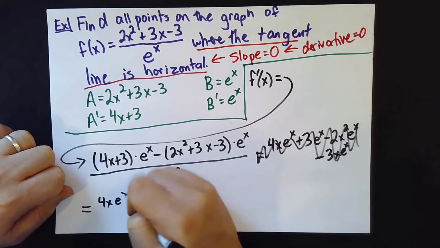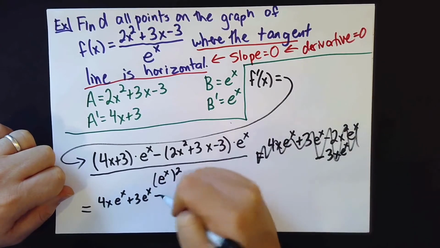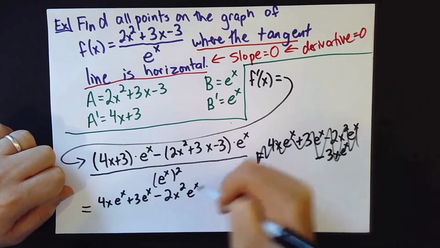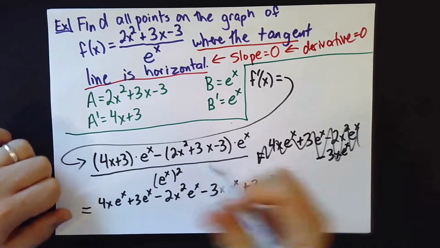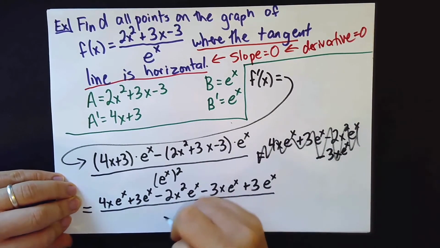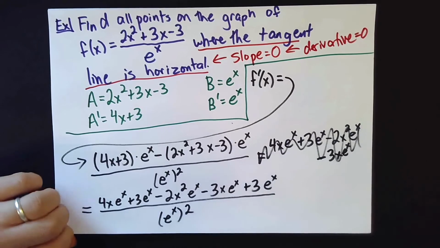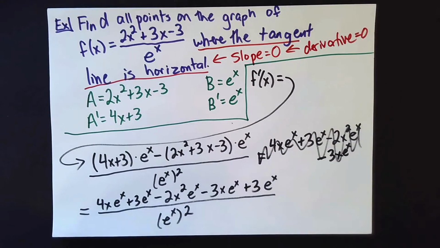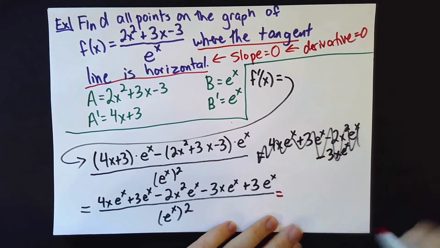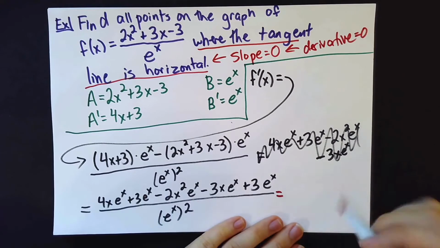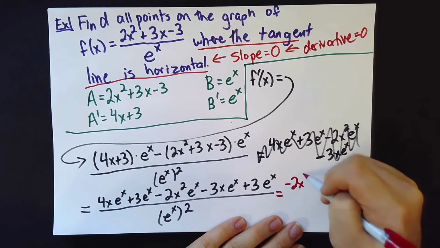So let's FOIL out this mess. And now I want to simplify this, of course, as much as I can. So that's going to give me minus 2x squared times e to the x.